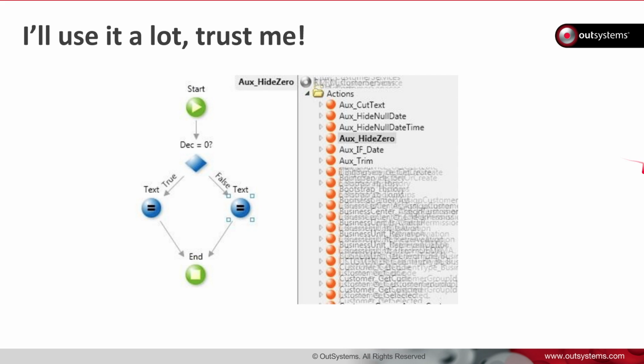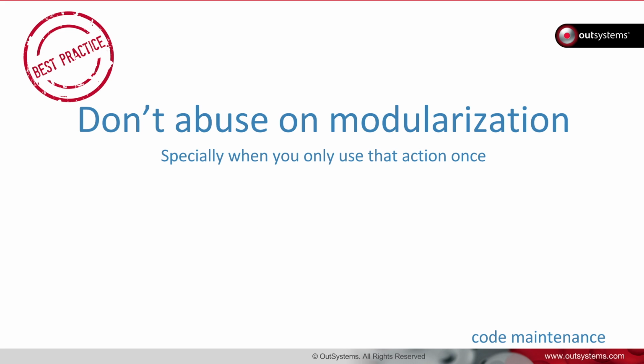This is an example of actually a user action, as you can see here in the actions folder, that was only meant to display and decide what to display depending on an input, which was called DAC. And it's very, very simple, it's very, very small, and actually was being used only once. If you're doing that, actually you're not reusing any code, and you spend more time placing this code here instead of just coding it where you wanted it, where you're calling this action from.